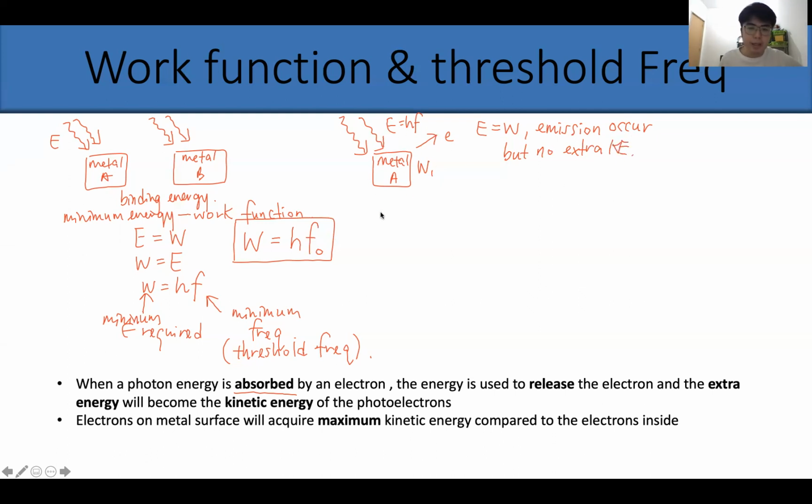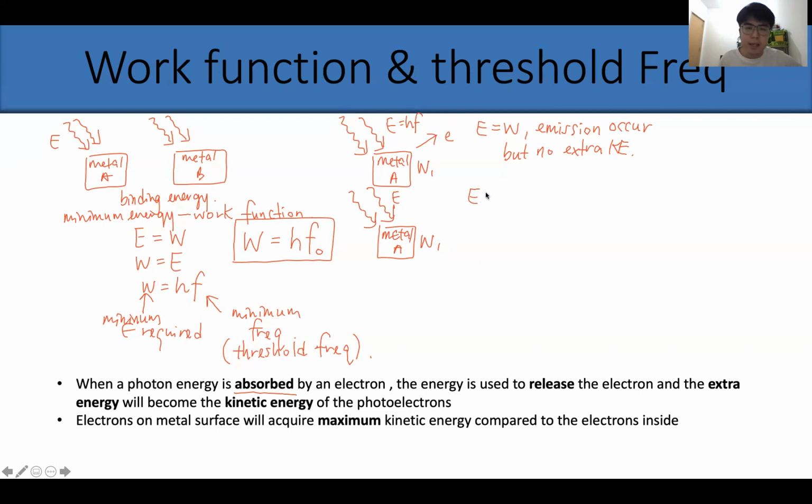Okay, now a different case would be like this. Same metal, same work function. Here, I change the energy of the light. Let's say the energy is less than the work function first.